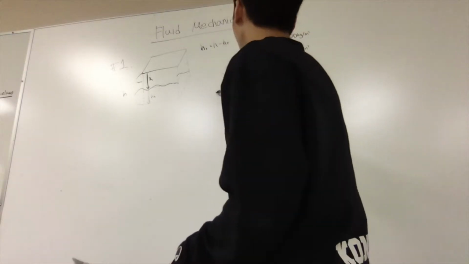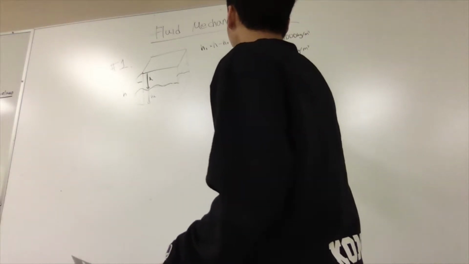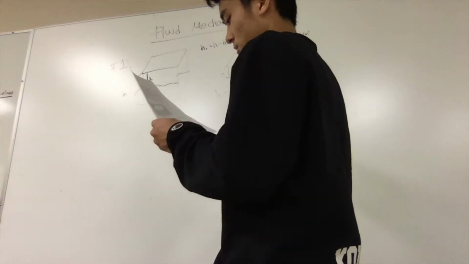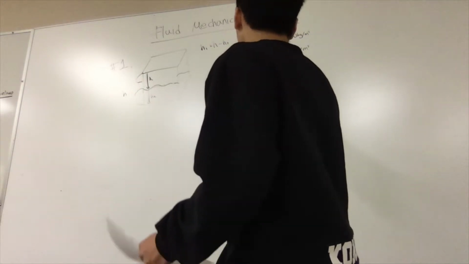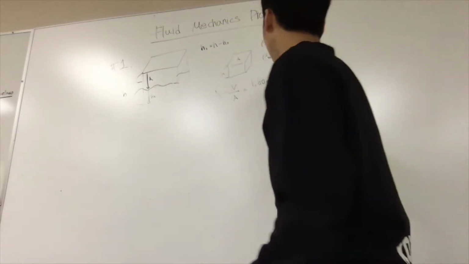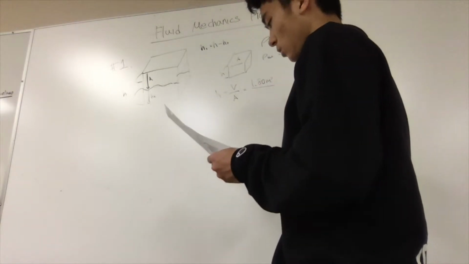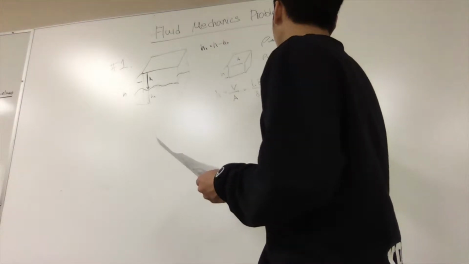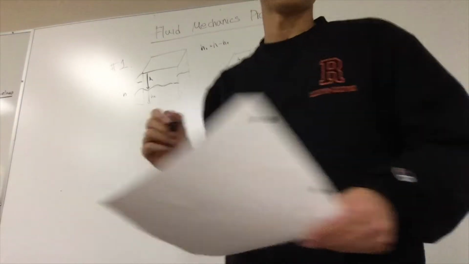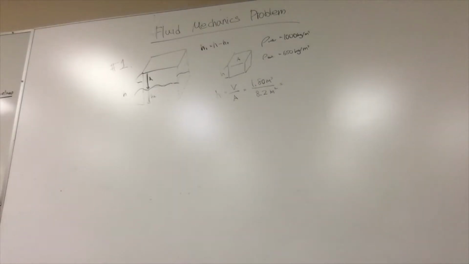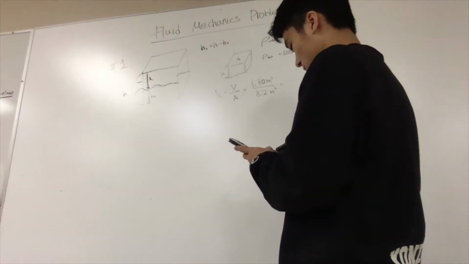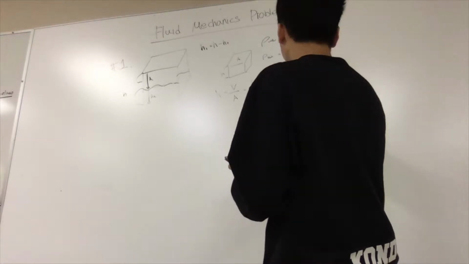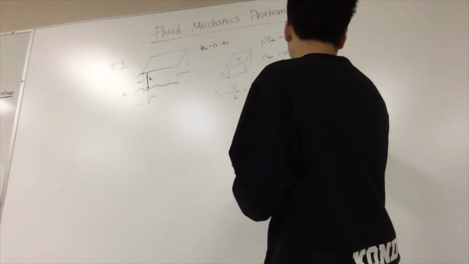So height will just be volume over area, which is 1.80 meters cubed over 8.2 meters squared, which is 0.22 meters.